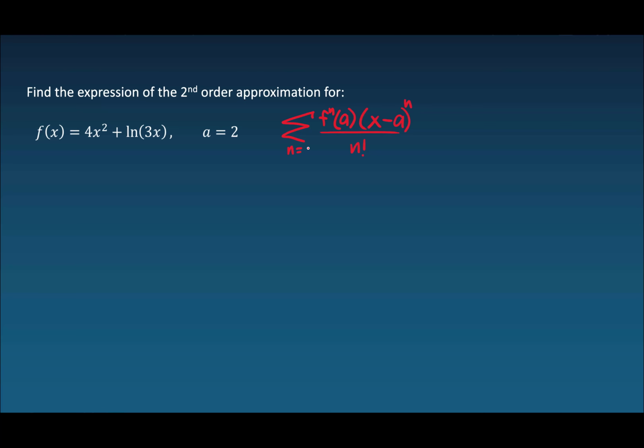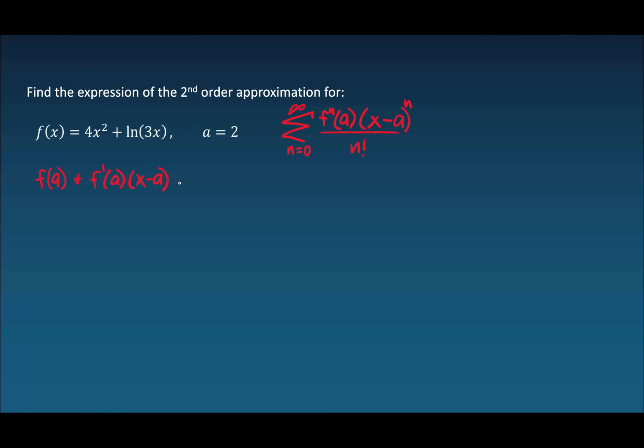And then again, it's important that we start at n equals 0. So for the second order, I'm going to write out, because n equals 0 is our first term, it all simplifies down to f of a. And then our second term is that first derivative, n equals 1, of a.